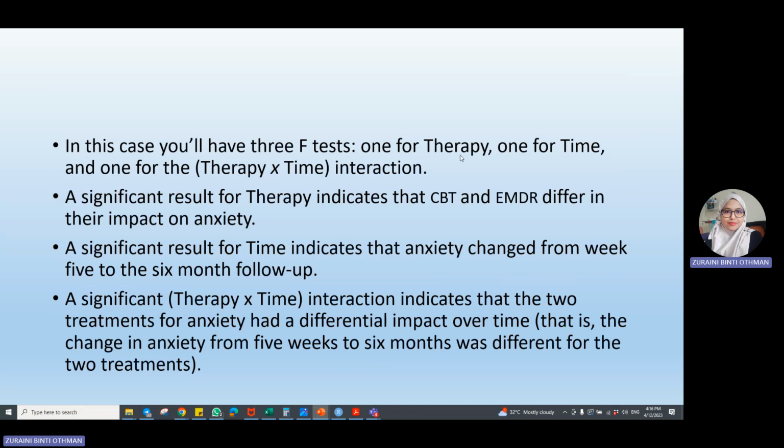And from the F test, if we see a significant result for time, it indicates that anxiety changed from week 5 to week 6. Okay, and if it is significant for the interaction, it indicates that the two treatments for anxiety had a different impact over time. That is, the change in anxiety from 5 weeks to 6 months was different.